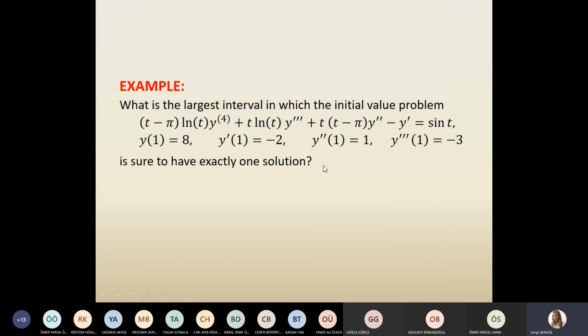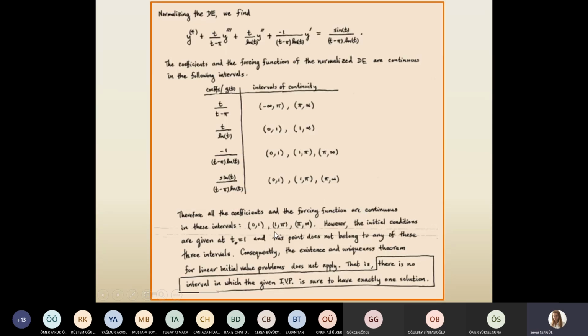And where are your initial values defined? t is defined at 1. So is 1 inside these intervals? No, it does not belong to any of these three intervals. So the existence and uniqueness theorem for linear initial value problems does not apply. And there is no interval in which the given initial value problem is sure to have exactly one solution. So we cannot say anything for this initial value problem.